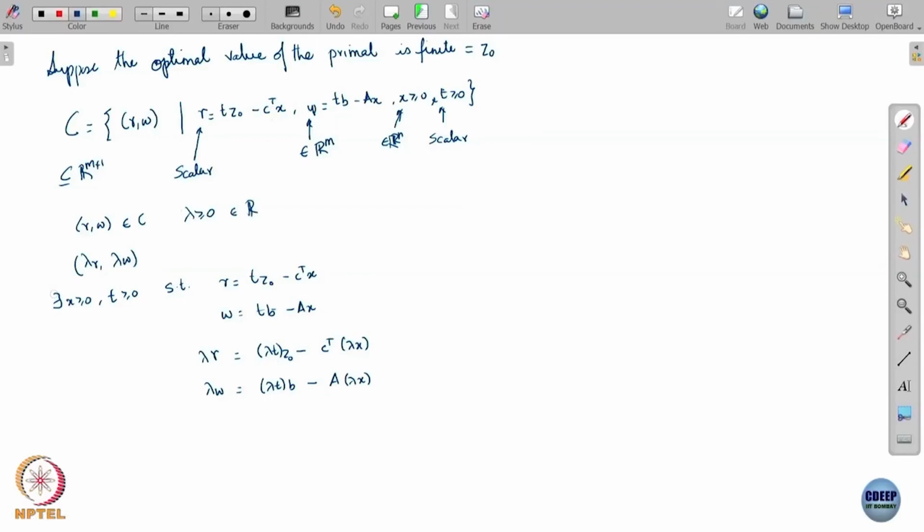So what this means is, if (R, W) belongs to C and lambda is some scalar greater than or equal to 0, then (lambda R, lambda W) is also in C, and the corresponding values of T and X are just lambda times the earlier T and lambda times the earlier X. So these are also greater than or equal to 0, which means (lambda R, lambda W) belongs to C. Now, if a set C is of this kind, where if (R, W) belongs to C, then (lambda R, lambda W) belongs to C for lambda greater than or equal to 0, then what kind of a set is this?